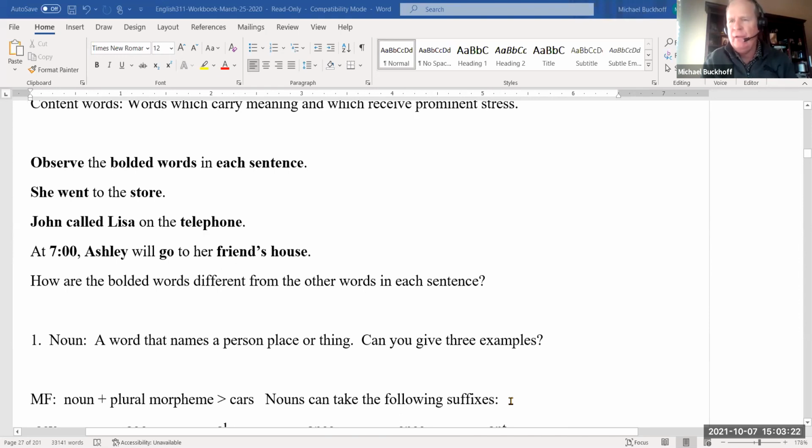Now, does that mean after they're done with my class and they get in one of your classes, their pronunciation is going to be perfect? Of course not. But they should be able to communicate, right? Maybe even in some cases in a fragmented sense, but they can understand what they're hearing. They can read proficiently. They can write with a degree of organization and so on. We try to help them there.